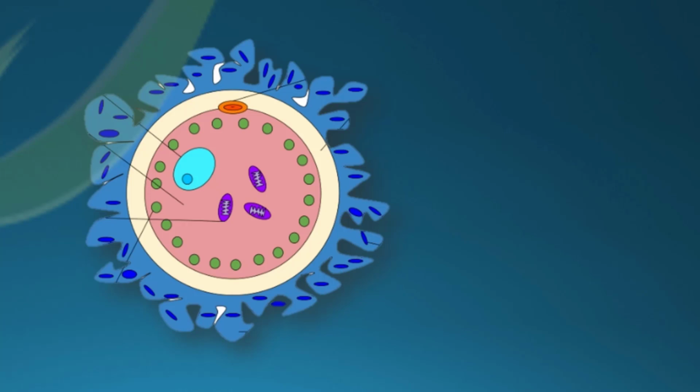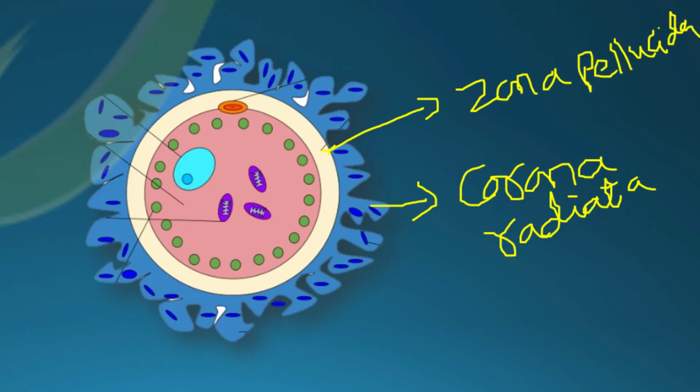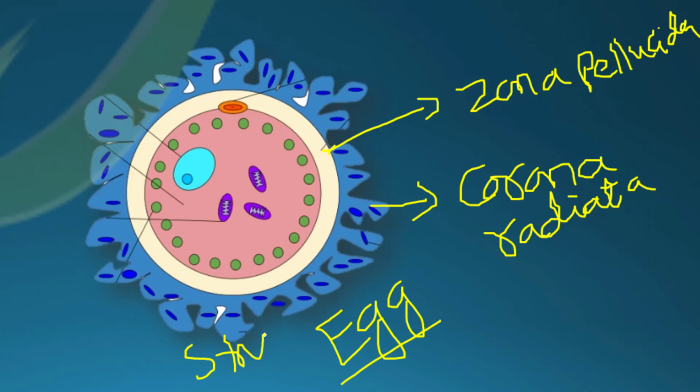The egg consists of protective membranes: the outer membrane is the corona radiata, and inner to this is the zona pellucida.